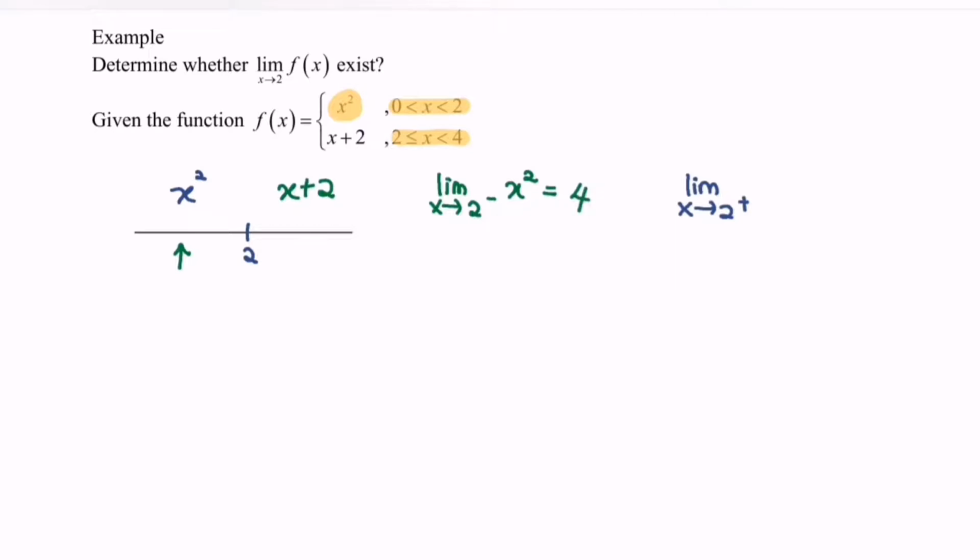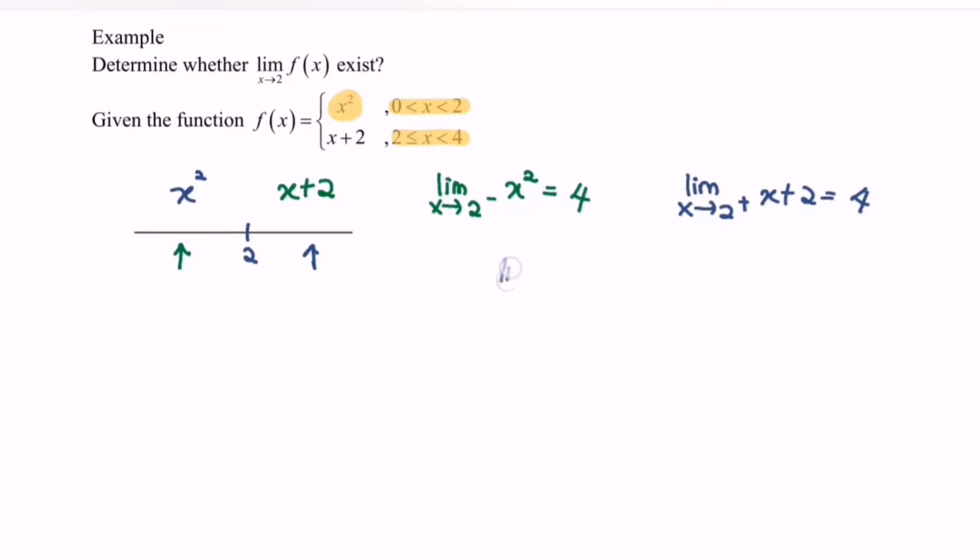So the limit of the function f(x) when x approaches 2 from the left is 4. Next, for the limit when x approaches 2 from the right, the function would be x plus 2. If we substitute the value, we will have 4. So the limit when x approaches 2 from the right approaches 4.